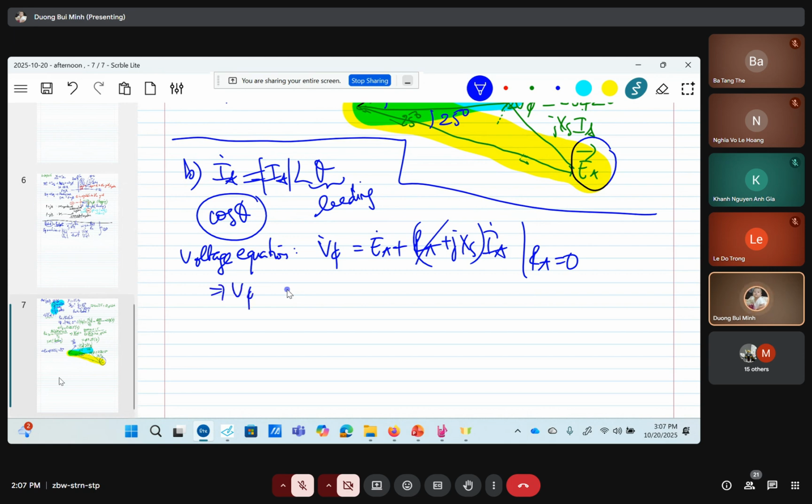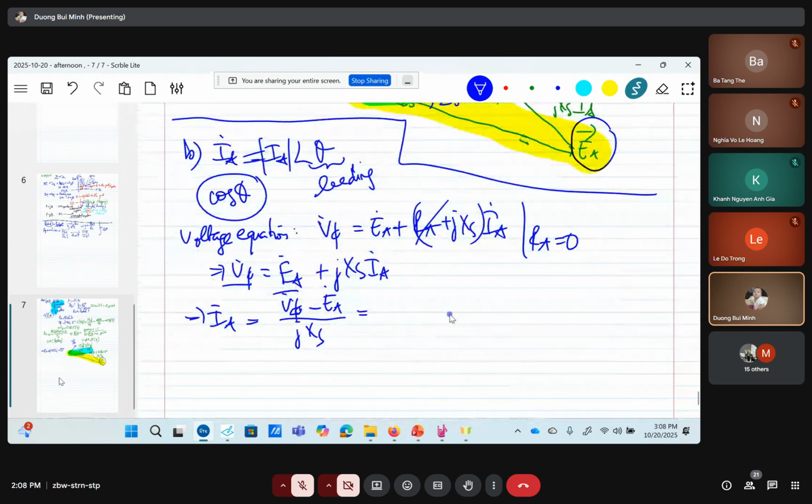We get V phase equals EA plus jXS times IA. Okay, so we know V phase, we know EA, so we can get IA, right? So IA is V phase minus EA over jXS.